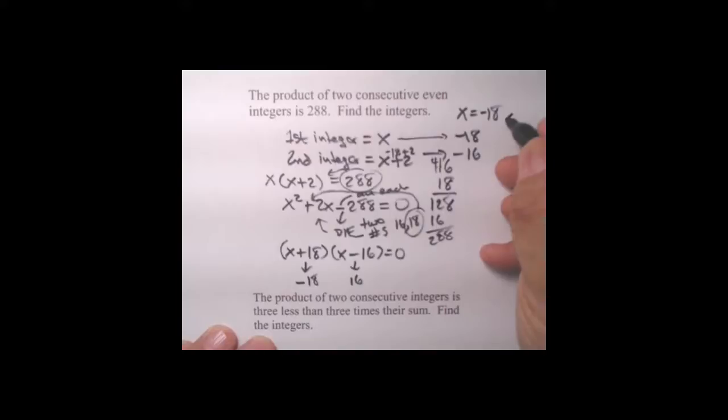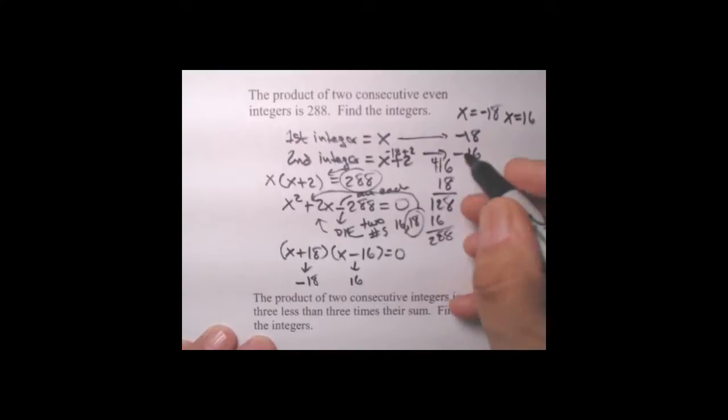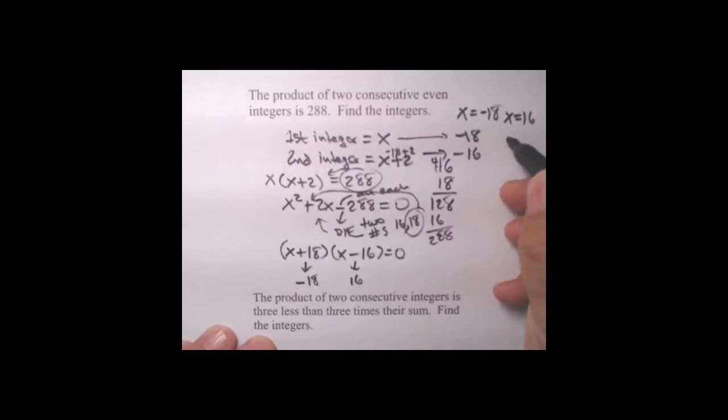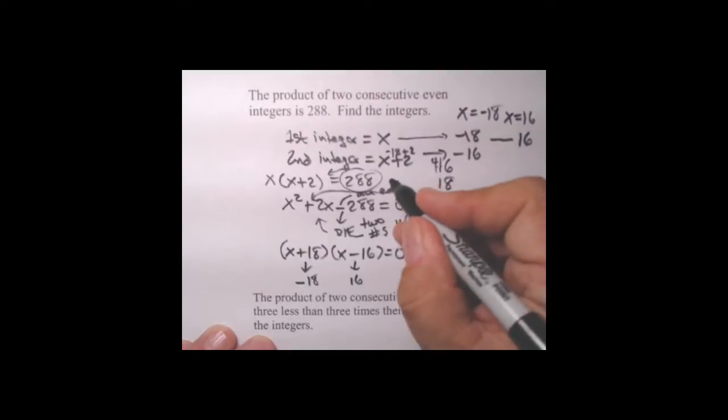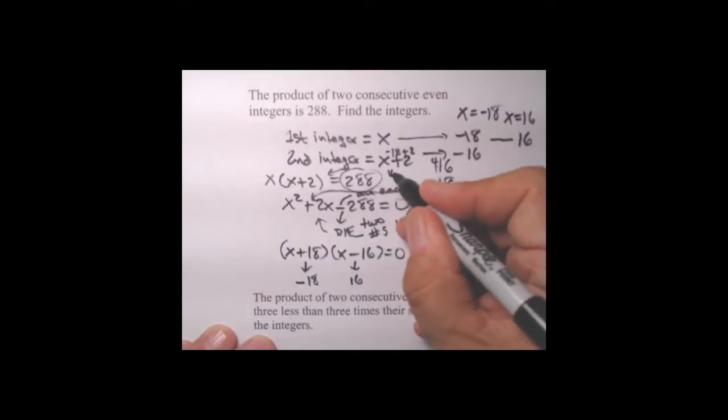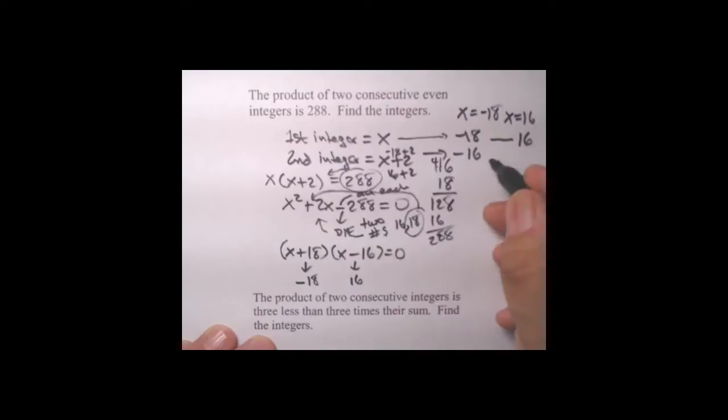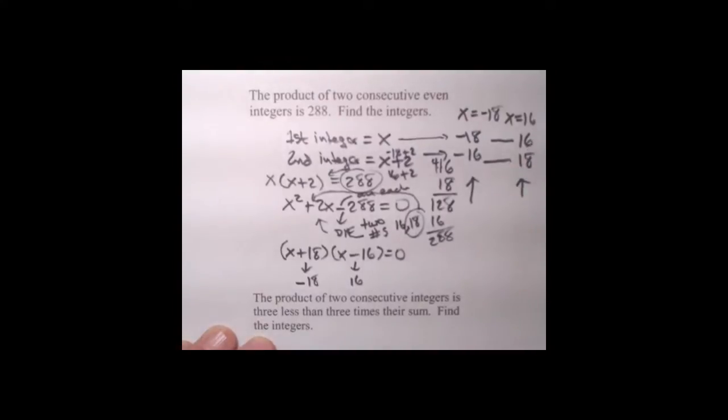But x equals 16 also works. So here it is. I could say, okay, x equals 16, and then x plus 2 would be 16 plus 2. That means this guy would be 18. So you got two possible answers here, and you got to indicate them both. Negative 18 and negative 16, and positive 16 and positive 18.